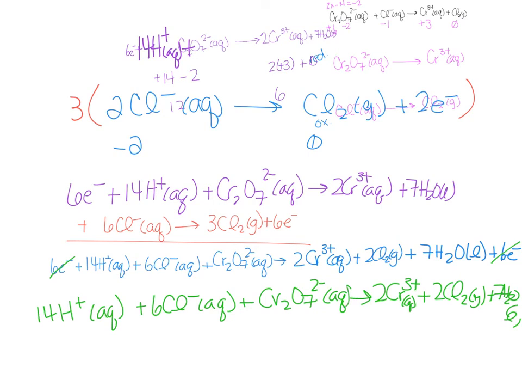Double check my charges. So on this side, I have positive 14, minus 6, minus 2. And on this side, I have positive 6. So 14 minus 6 is 8, minus 2 more is positive 6. So my charges are okay. So it is balanced. Does everybody see how to do that?